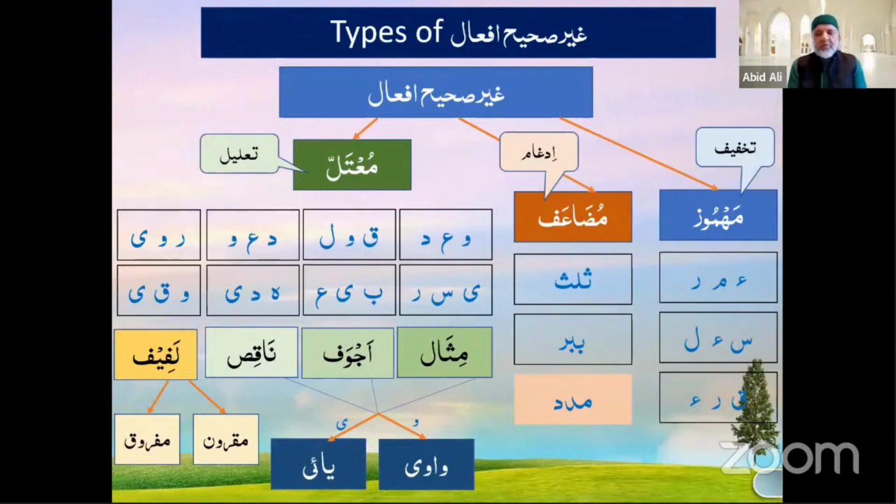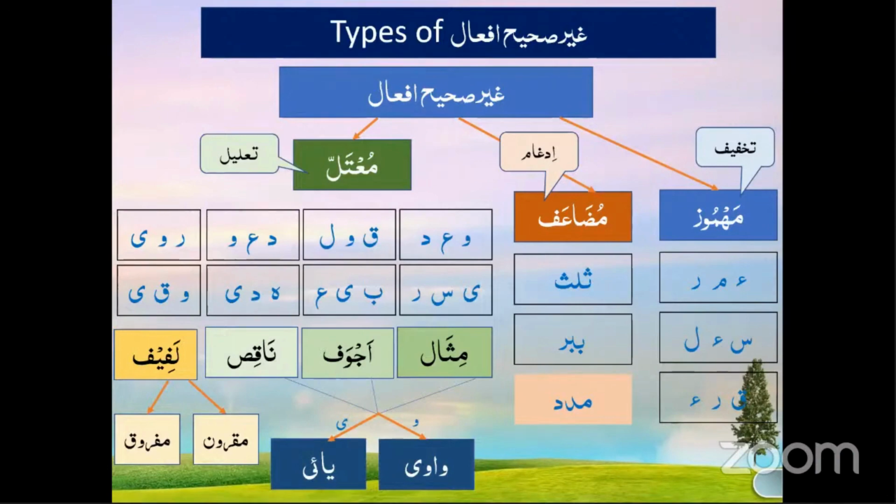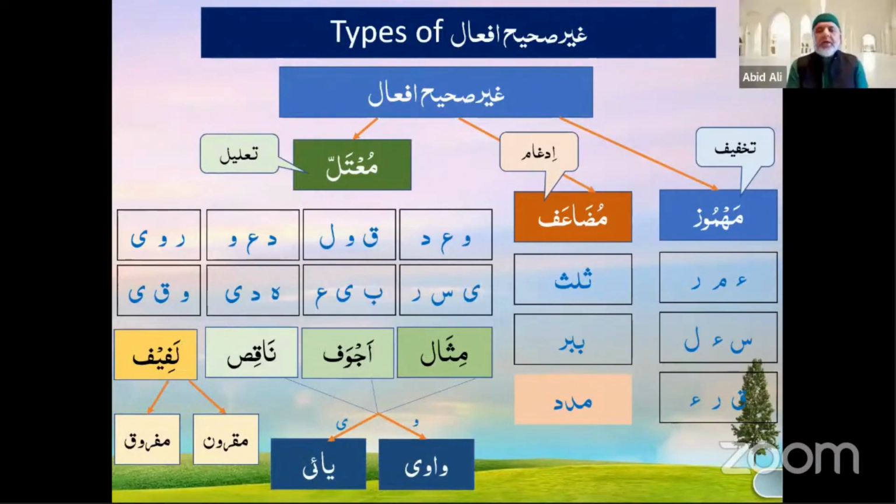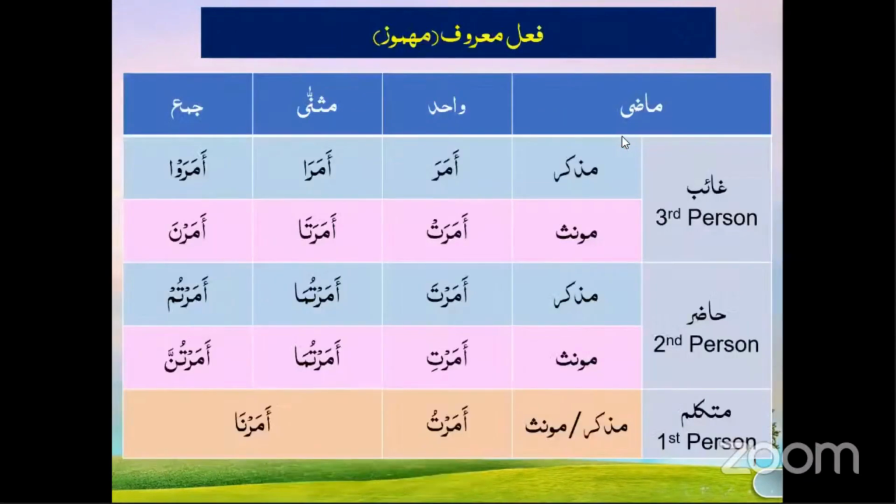And we have lafif, and we have lafif maqrun, and we have lafif mafruq. When you have a waw in the fa position, then you call it misal wawi. What do we call it? Misal wawi. And when you have the ya in the fa position, we call it misal yai. Agree? Yes?